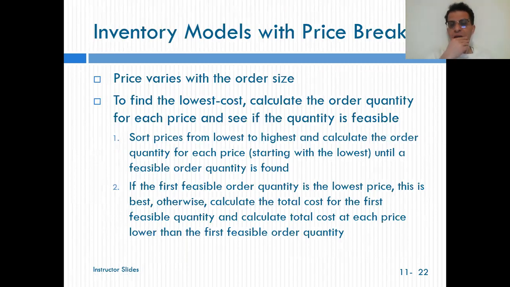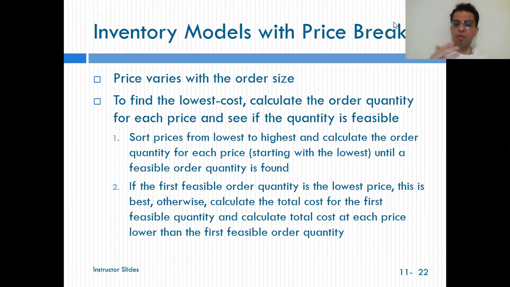Now, inventory models with a price break. Price varies with the order size. So if you order 10, it's $5. If you order 100, it's $4, for example. To find the lowest cost, calculate the order quantity for each price and see if the quantity is feasible.